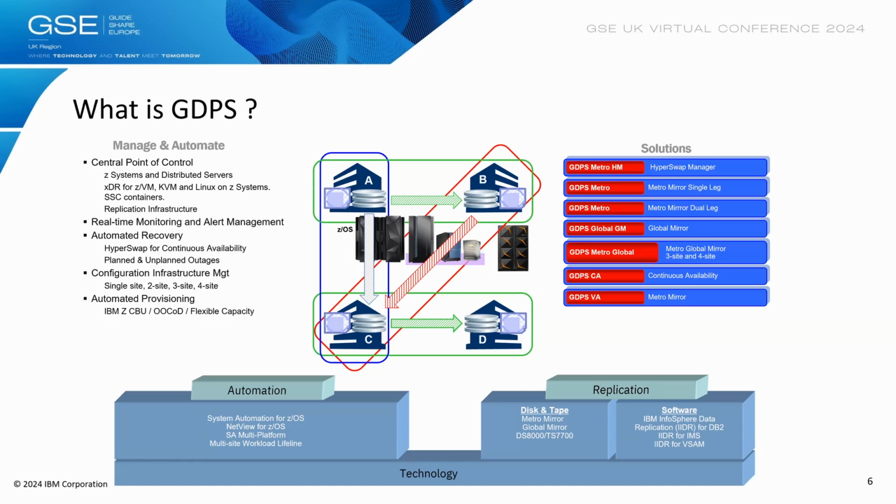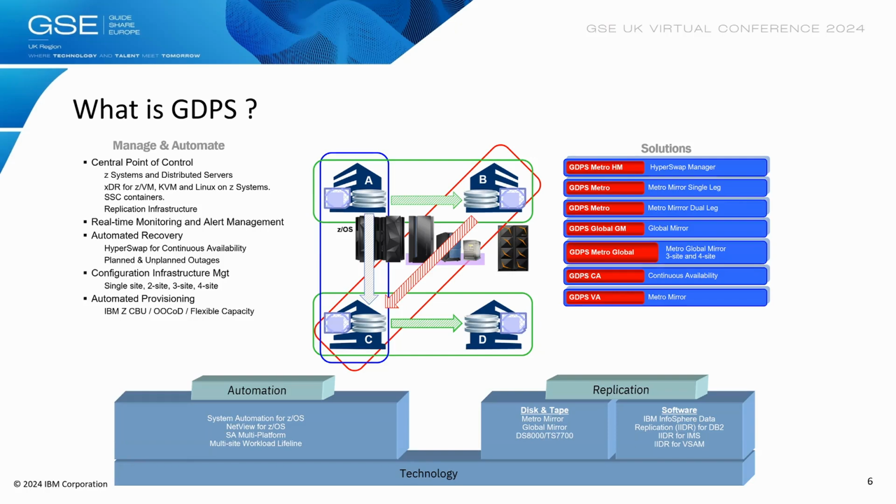In case of a data center switch, for instance, you may need to lower the capacity on the machines residing in the failing data center and activate more capacity on the recovery data center through the usage of CBU or COD or flexible capacity, for instance. And GDPS allows you to automate all of that, and you can define such operations in the GDPS scripts.